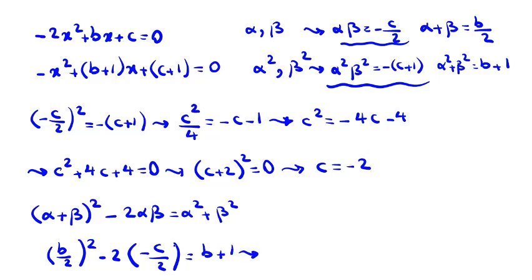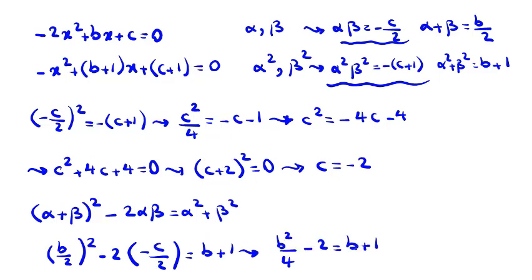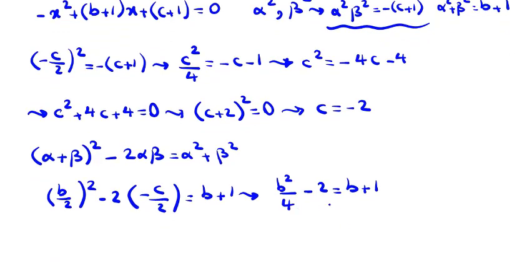We know c is negative 2, so here it will be b squared over 4 minus 2 times this. The 2 times this will be cancelled, minus minus is plus, plus c. Plus c, it will be negative 2 equals b plus 1. If we multiply both sides by 4, it will be b squared minus 8 equals 4b plus 4.